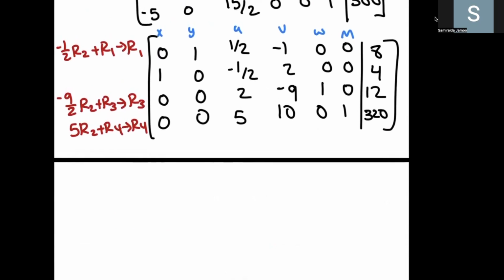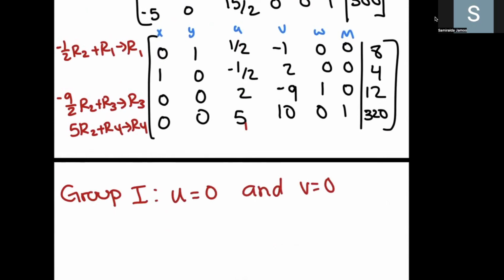So group 1, we will let U be 0 and V be 0. So these two columns go away. Now I have the identity matrix and I can read off the solutions. Then group 2.